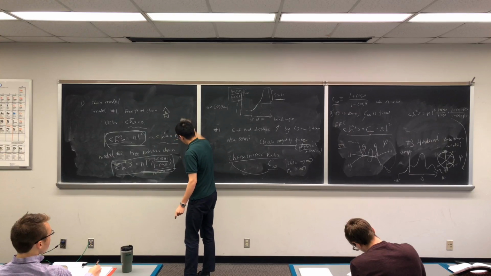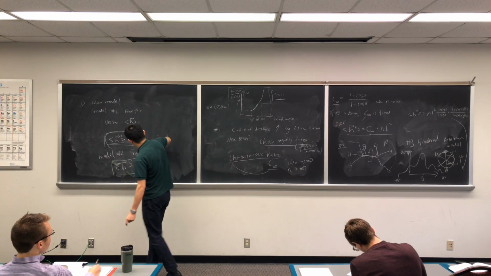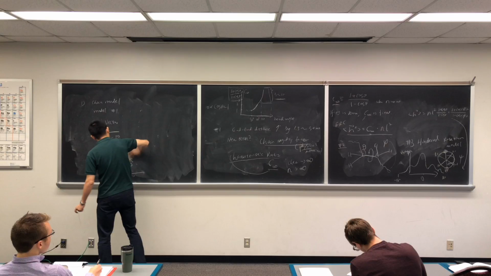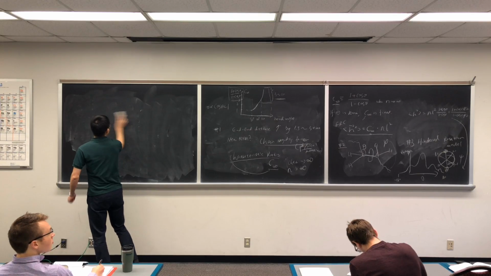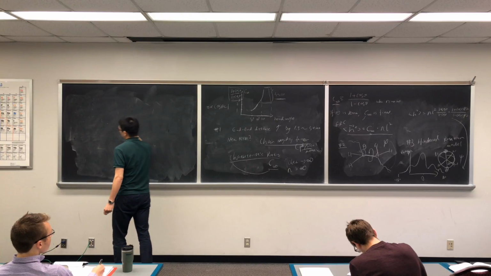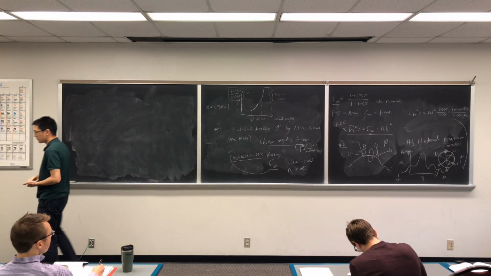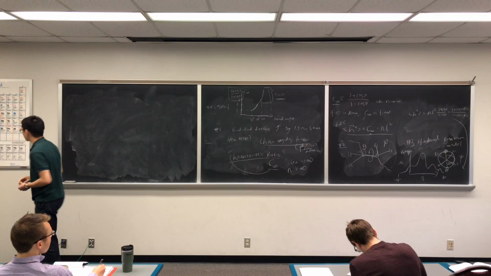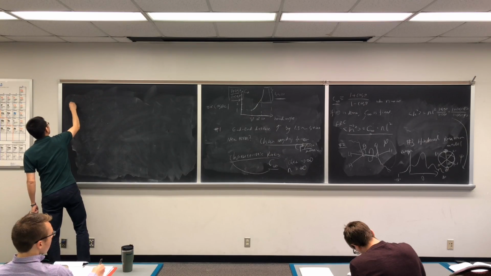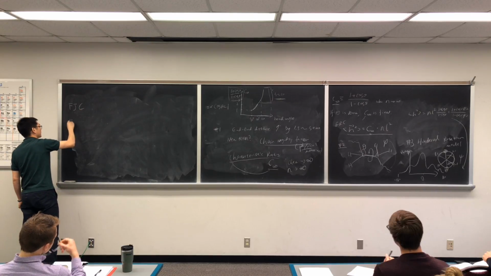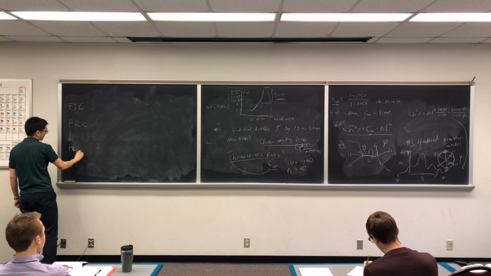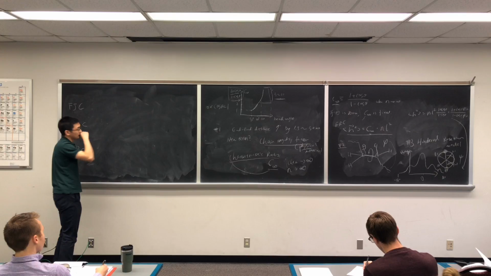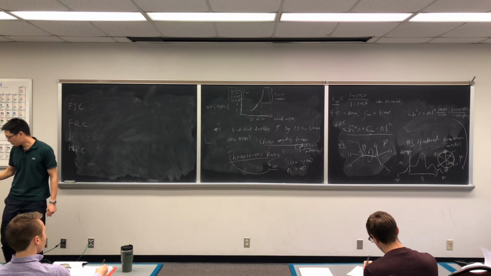And this would be a very useful table for you guys to understand the difference between the three models. So three chain models and different restrictions, right? Let's write the different models: freely jointed chain, freely rotating chain, hindered rotation model.